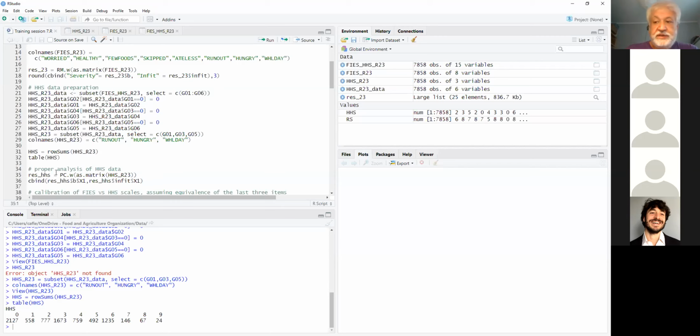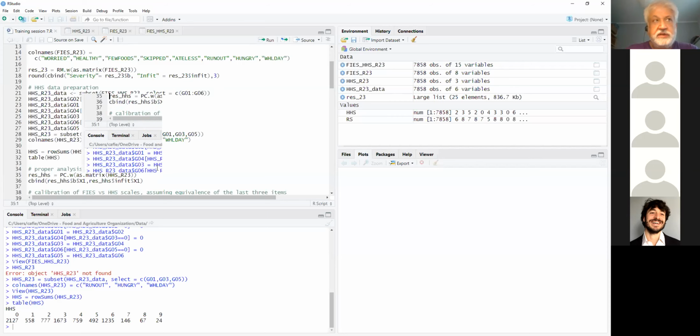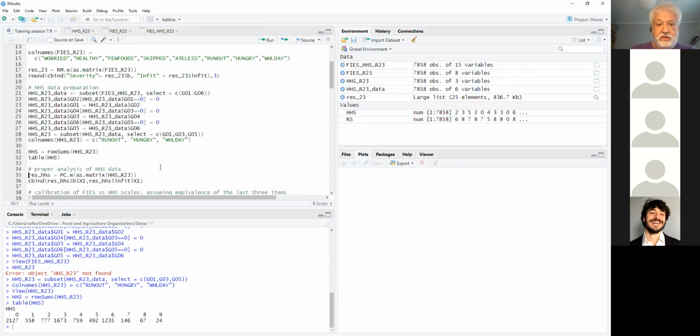So now this is the innovation. And what I am suggesting here is that the household hunger score data can be analyzed using a version of the Rasch model that allows for the possibility that responses are scored not simply as 0, 1, but with a graded scale. And so in this case, we have 0, 1, 2, and 3.